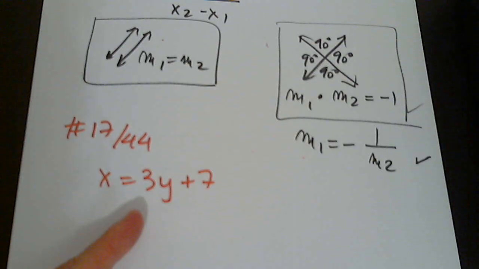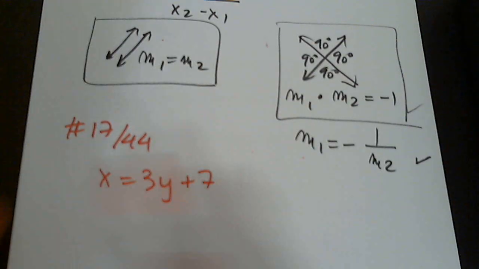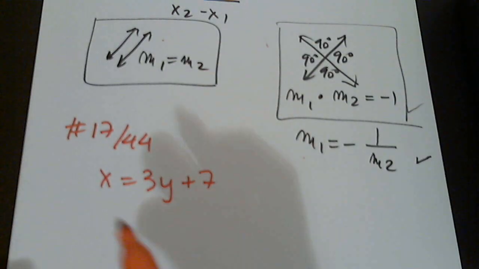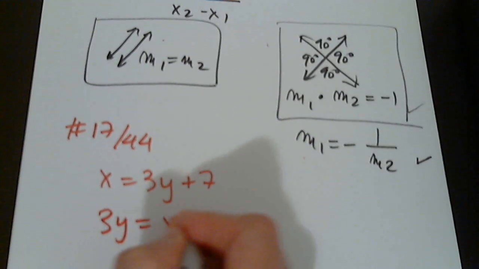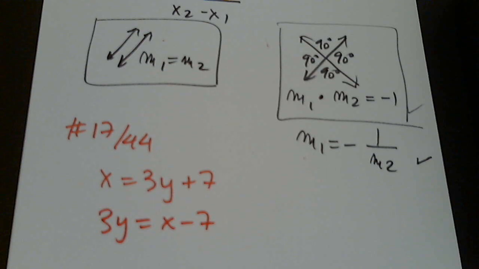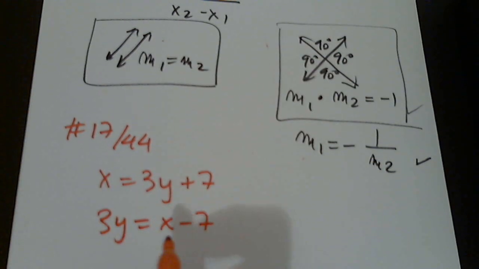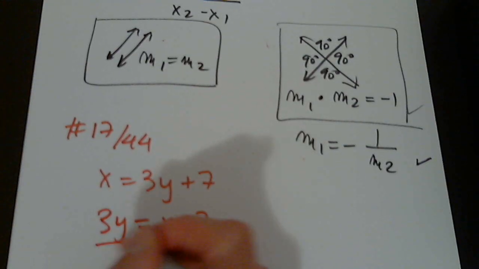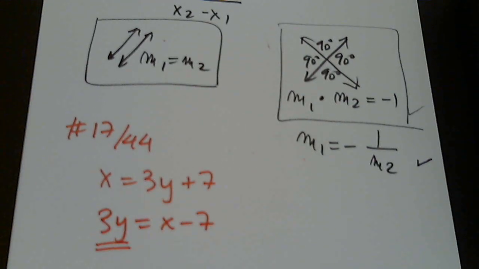So in this particular case, I move 7 to the other side, or I twist the equation. It doesn't matter how you do it. So I have 3y equals x minus 7. But that's not enough. 3y equals x minus 7 is good, but not good enough because I did not solve for y yet.